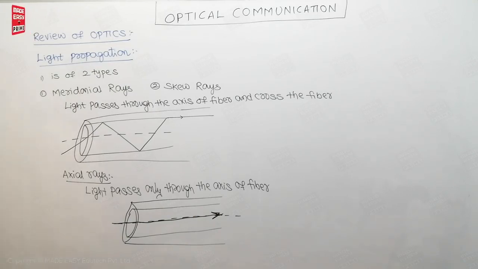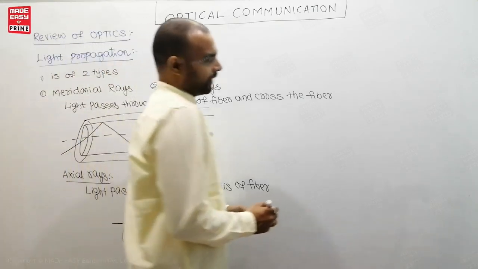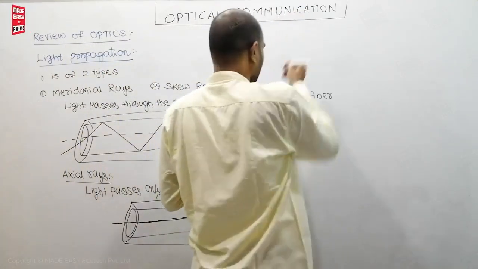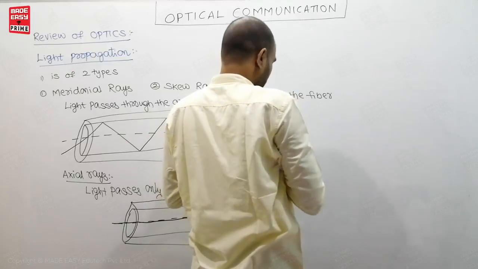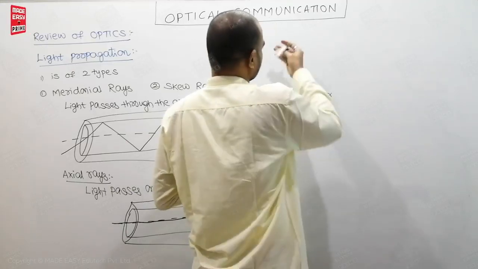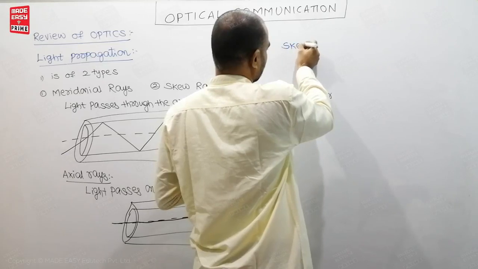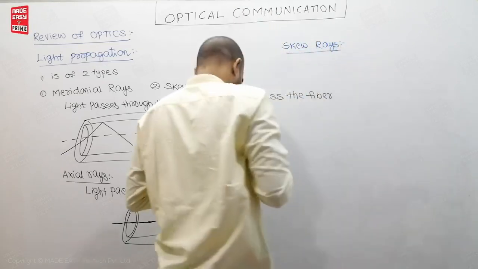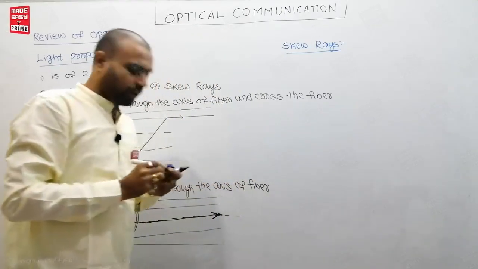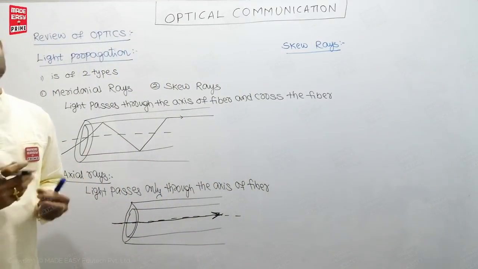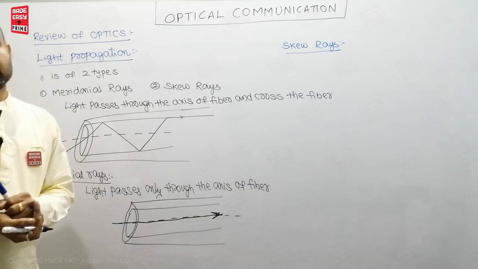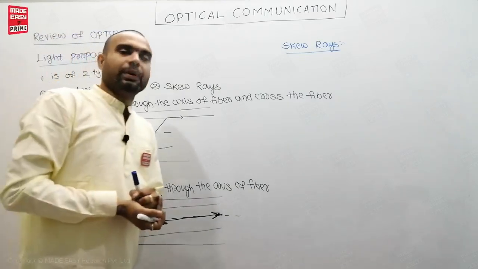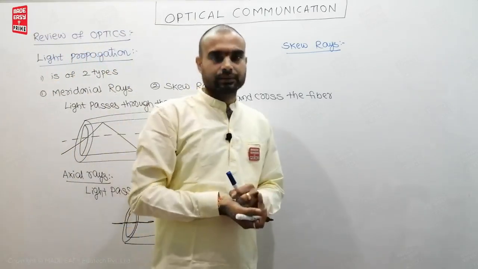So next one is skew rays. I can explain here about the skew rays. For skew rays, the light does not pass through the axis of the fiber.